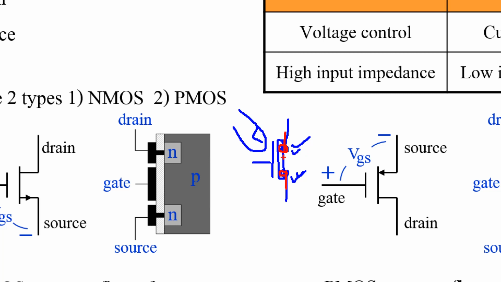If this switch has 0 ohm or very low resistance, then after it is shorted together, this point and this point will have the same potential. Namely, if this point is 5 volts, this point will be 5 also.